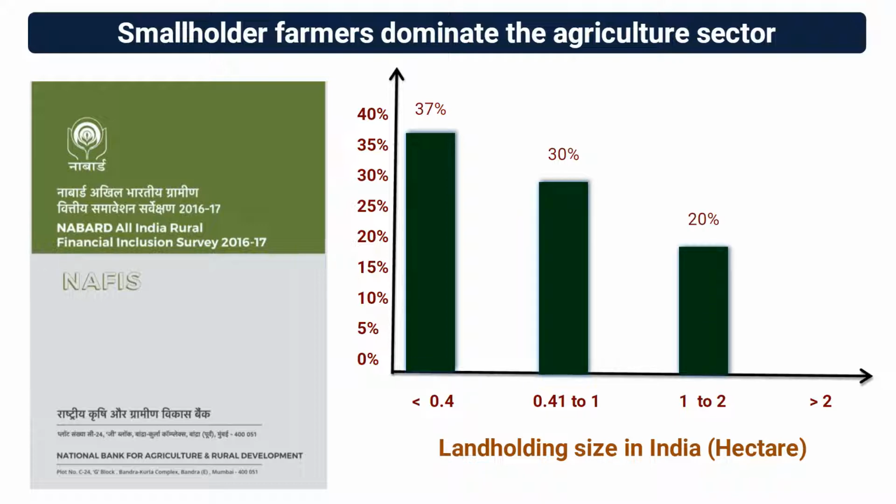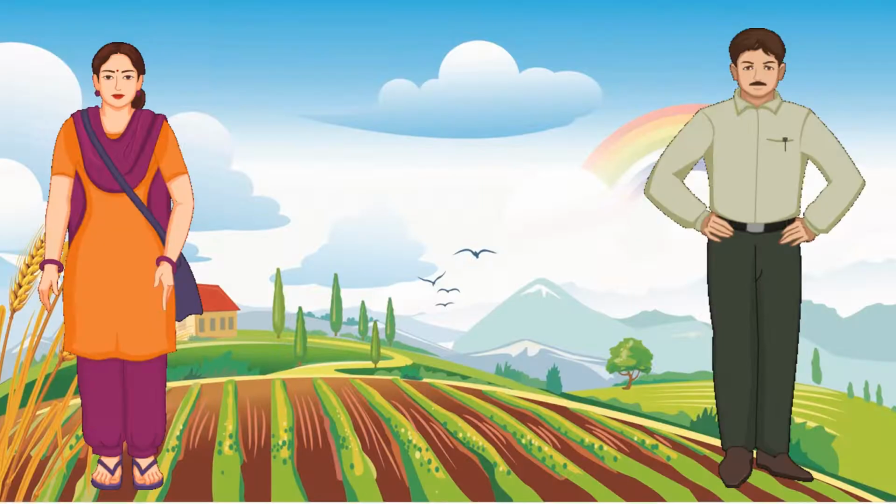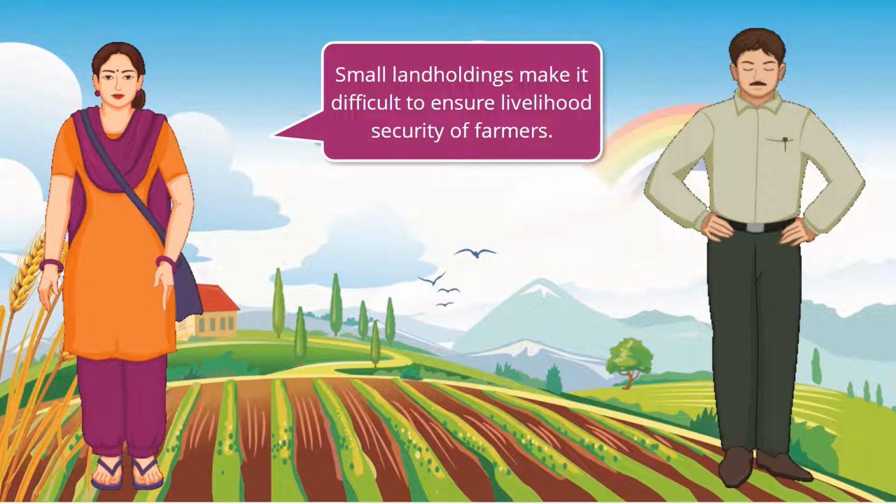About 20% and 13% of agricultural households owned land holdings of 1 to 2 and more than 2 hectares respectively. Such small land holdings make it very difficult to ensure the livelihood security of farmers.